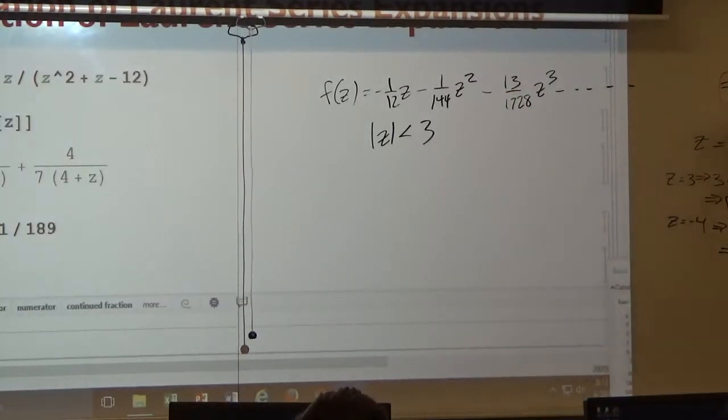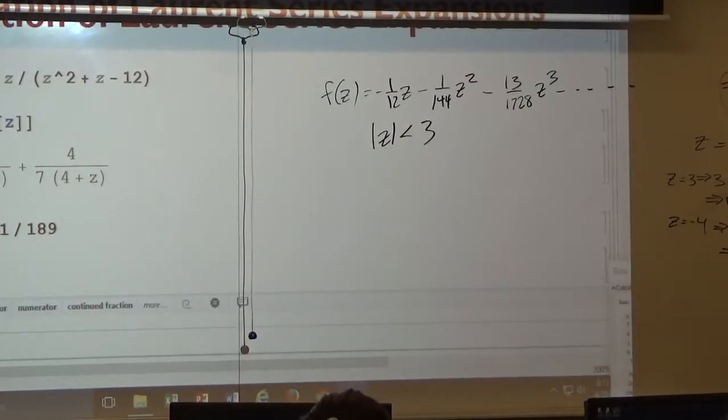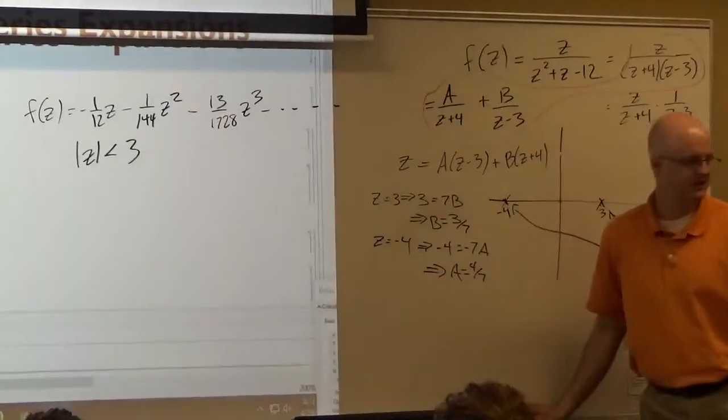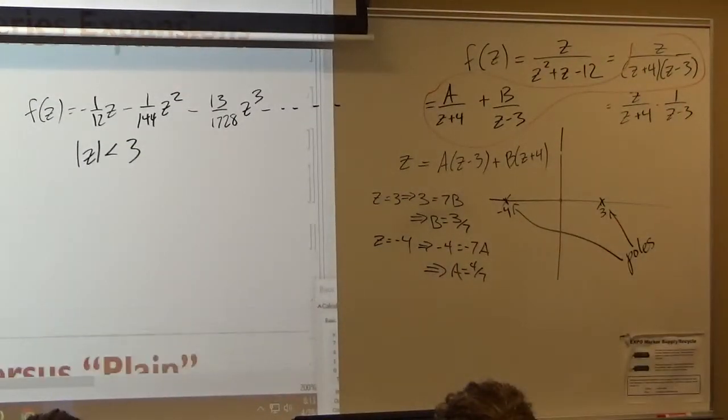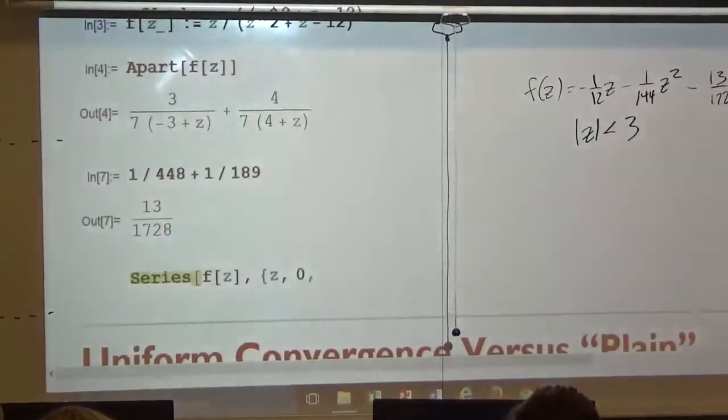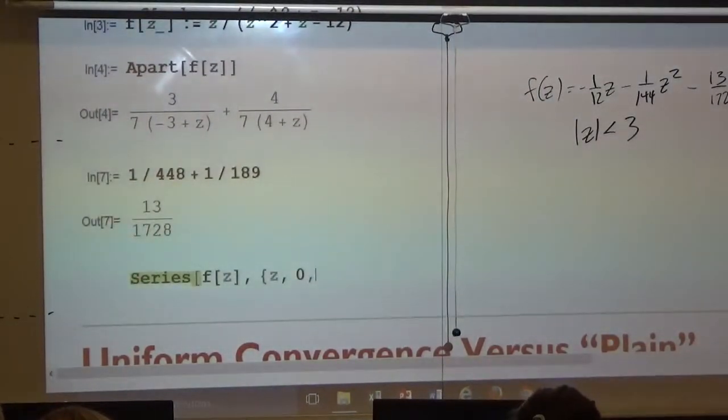That's the Taylor series expansion for this function about z equals 0. It's also the Laurent series expansion for this function about z equals 0. When a function is analytic at a point, the Laurent series expansion is the same as the Taylor series expansion. It's nothing new. Let's check this with series. Put the function in there.